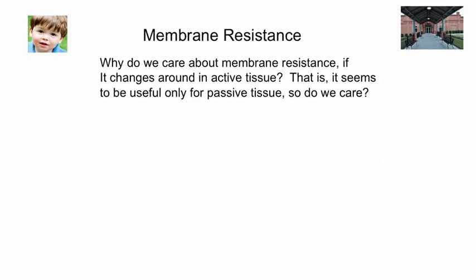Someone could say, well, why do we care then if it changes around in active tissue? If it's only useful for passive tissue and all the interesting things happen when it's active, why do we care? And the answer is, most of the time, the tissue is passive.